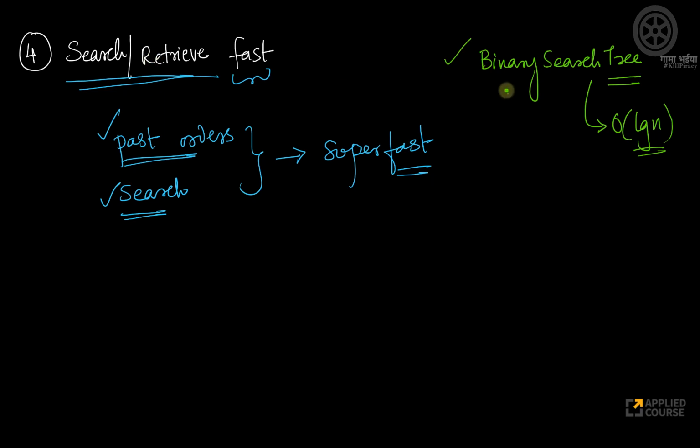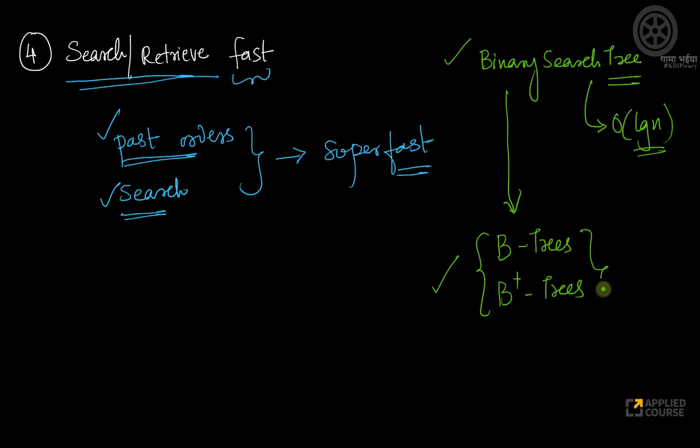So now in databases, we learn some nice extensions to binary search trees called B plus trees and B trees. Very powerful, beautiful concepts. These are simple extensions to binary search trees. This will help us search and retrieve information very, very fast throughout this whole process.